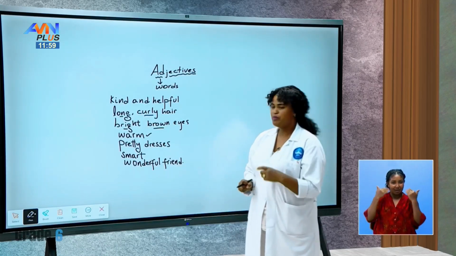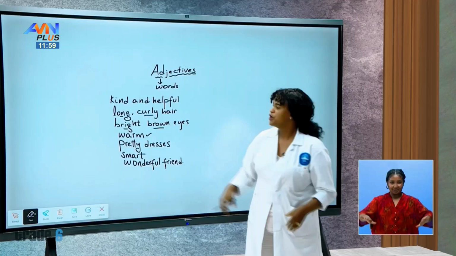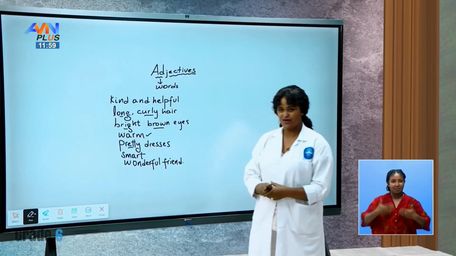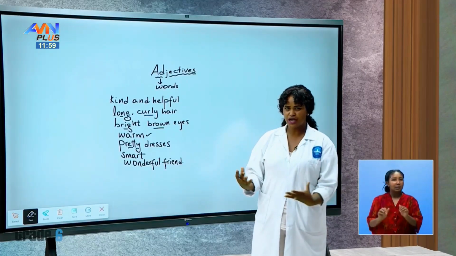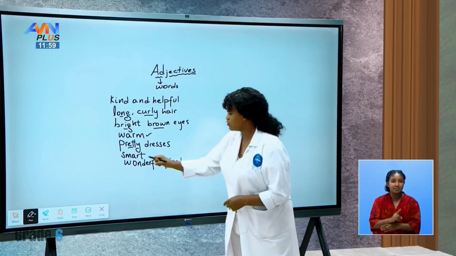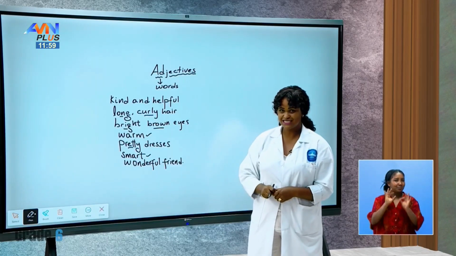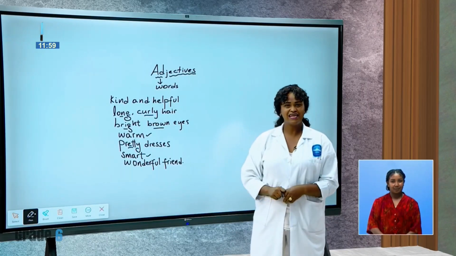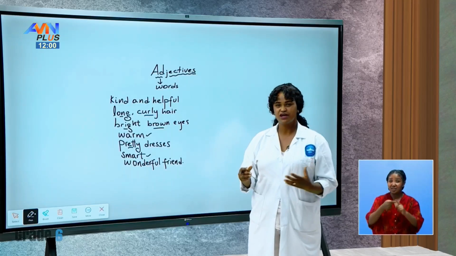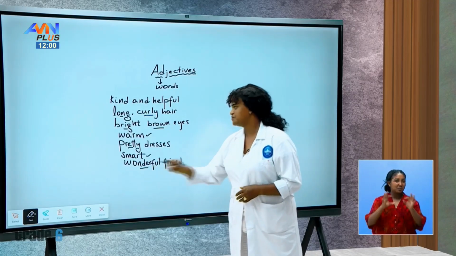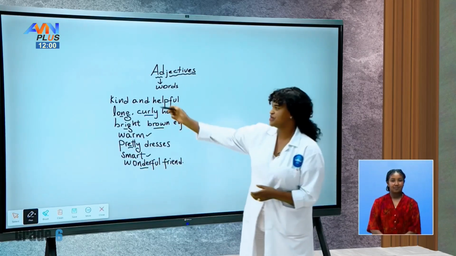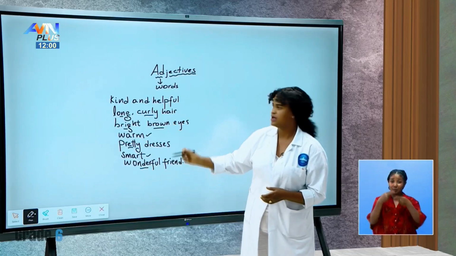Okay. How about her dresses? Pretty dresses. Okay. How is she in general? Just like you, she is smart. Yes? Good. Finally, what kind of friend is she? Wonderful friend. These words are what we call adjectives.